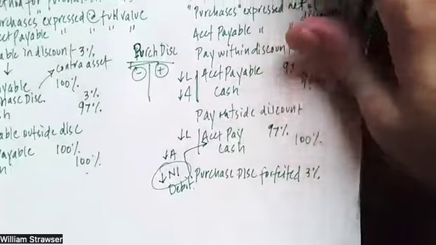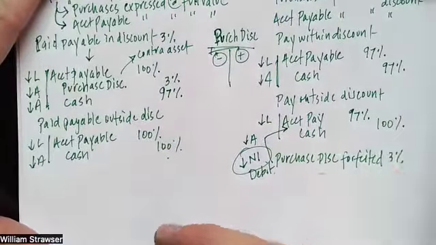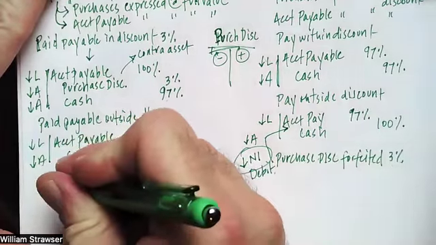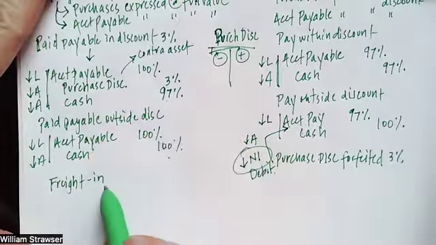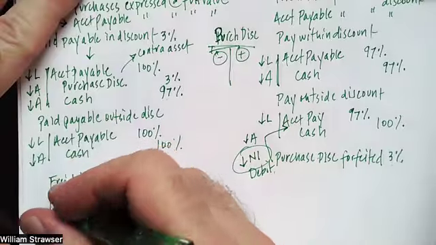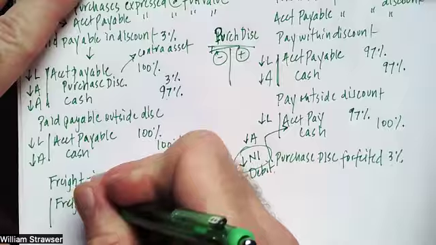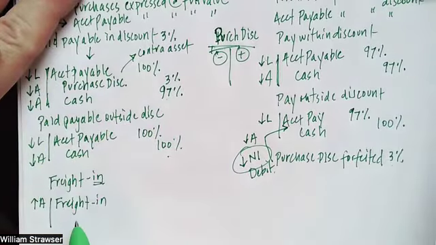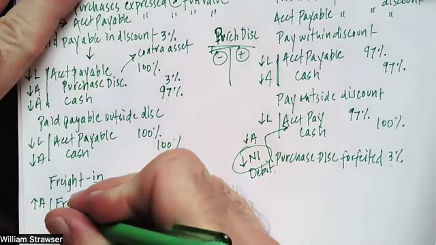And the one account that I haven't talked about that is a periodic account is freight. Any freight amount to bring the inventory into our place of business should be recorded as freight in. And that account similarly increases assets, it increases the inventory account.